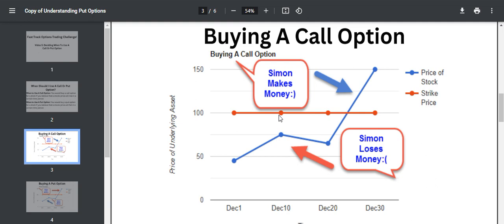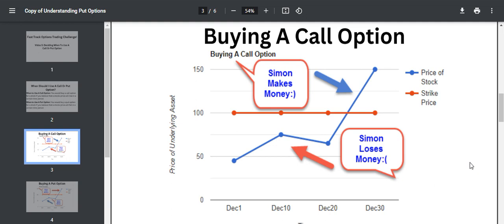Just to recap, the strike price is the set price in the options contract that Simon has. He can buy those shares at $100 at any time before the option expires, no matter where the stock price goes. But Simon believes stock X is going to rise above the strike price of $100 before December 30th, which is when the option contract expires.